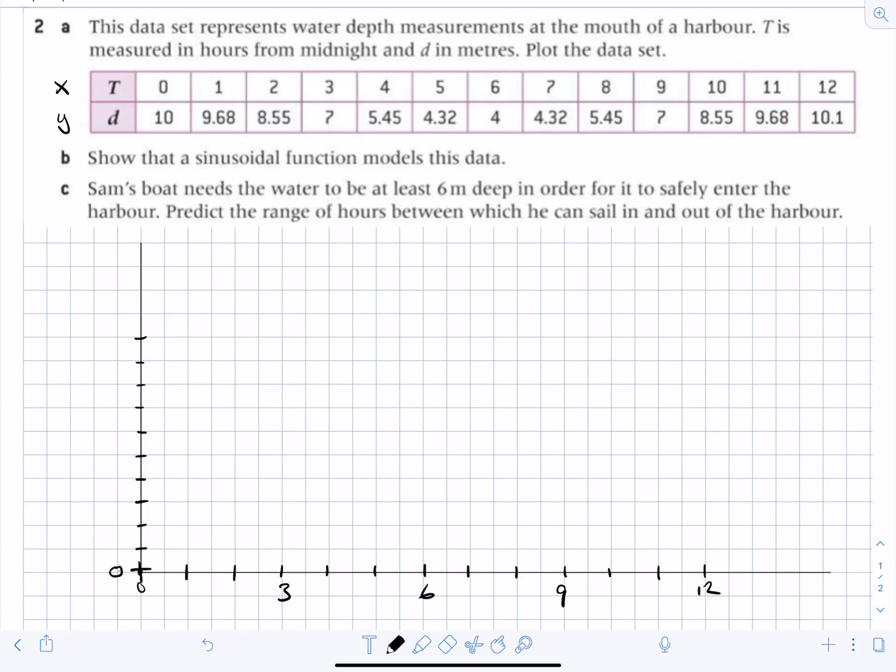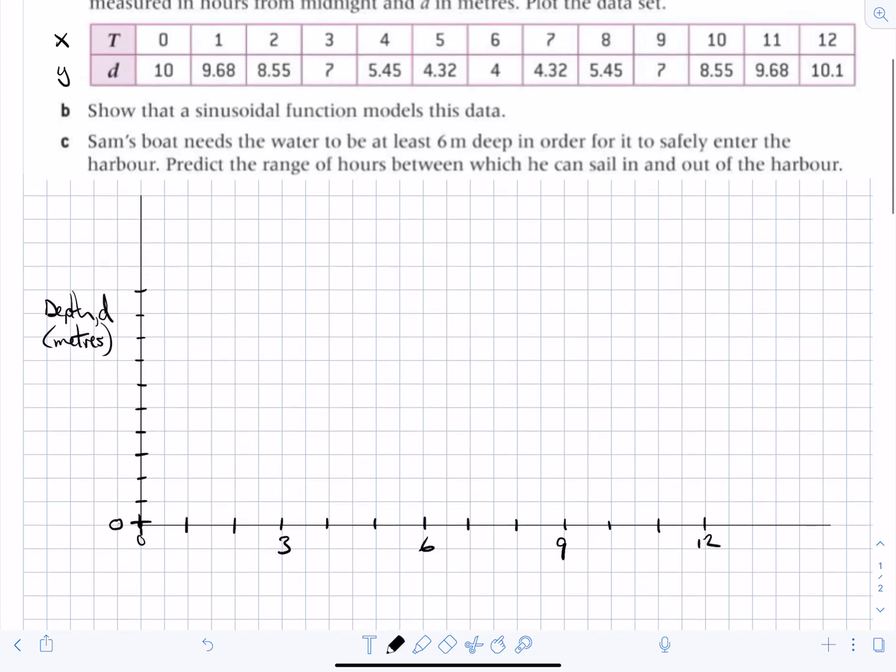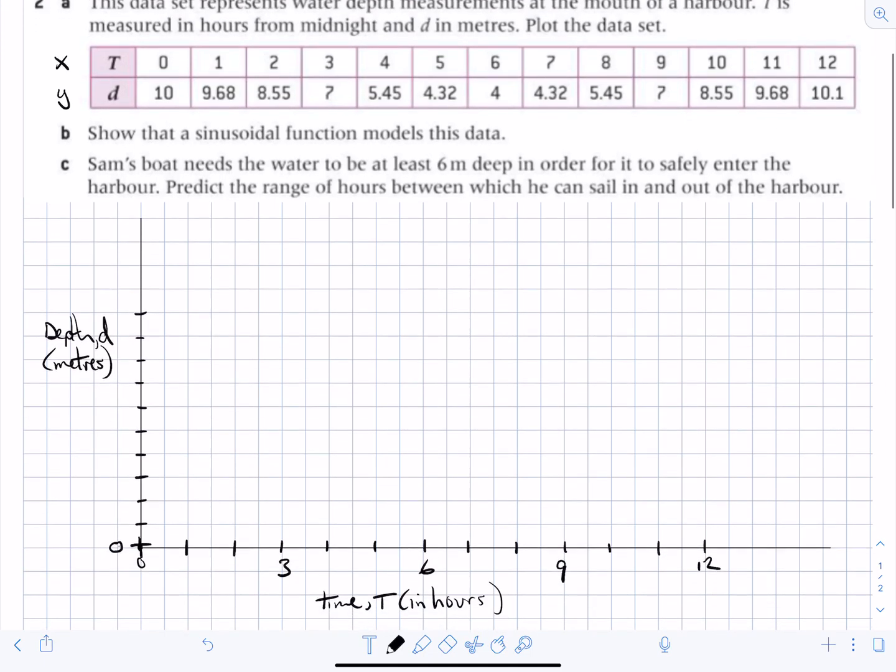So this is depth, D, in meters. Try to make it a habit to write down what these things are. And this is going to be time, T, in hours. So units and what it is, like that. And then I'm just going to plot it out. So it's a bit of a task, but there you go.